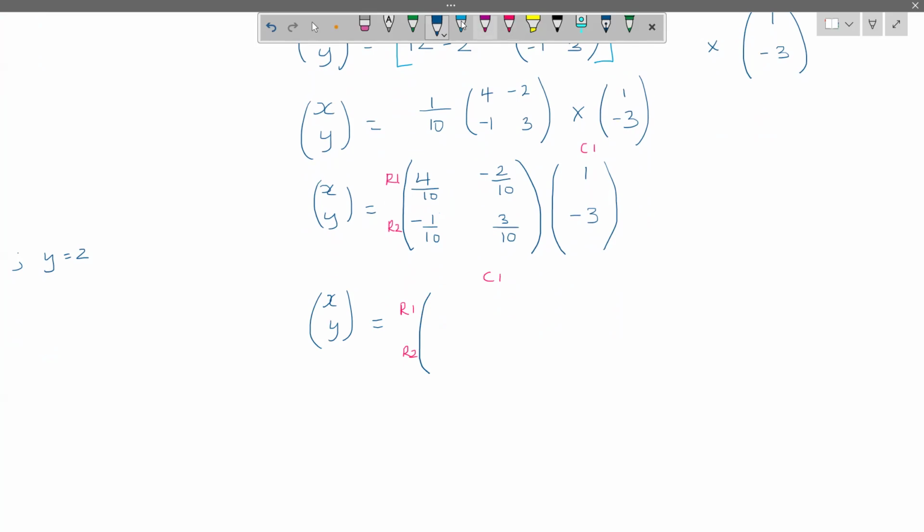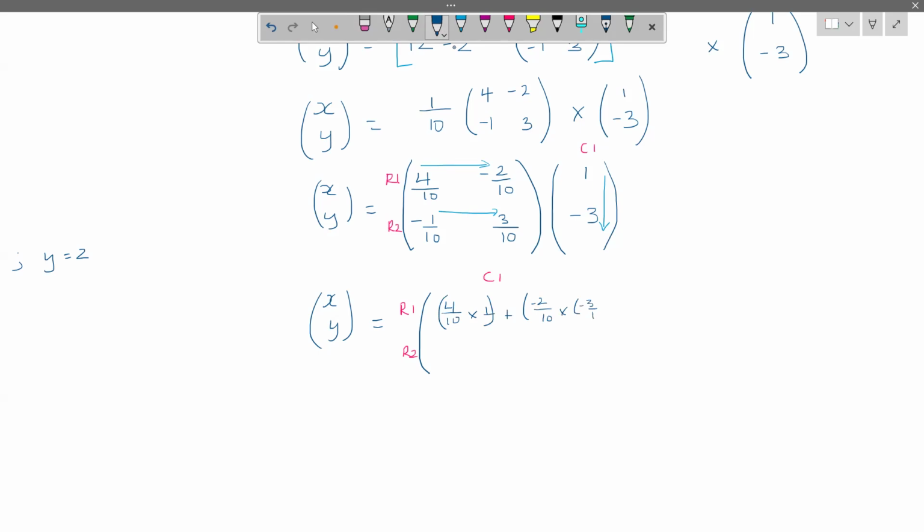That's what my answer is going to be like, right? Because we're going to be doing row 1 by column 1, and then row 2 by column 1. So we're going to get values for here and here. Understand? So row 1 by column 1, we're going to get 4 over 10 multiplied by 1, plus this one here, negative 2 over 10 multiplied by negative 3, put in a bracket.